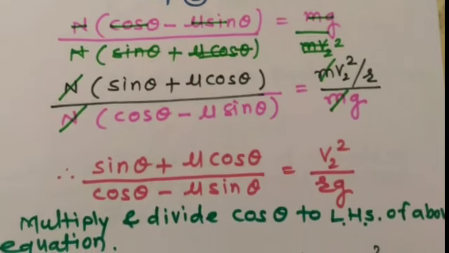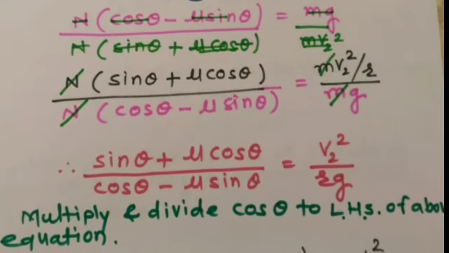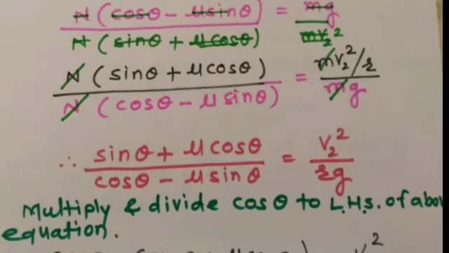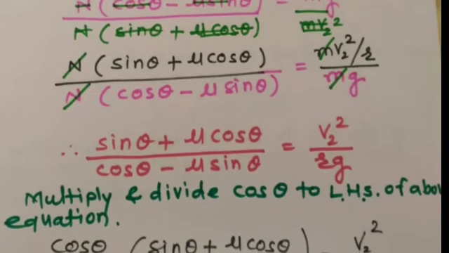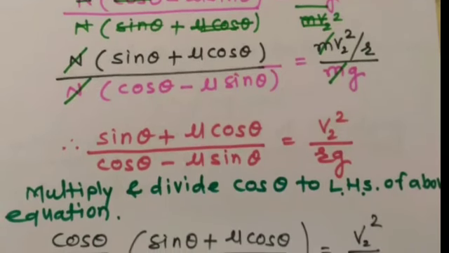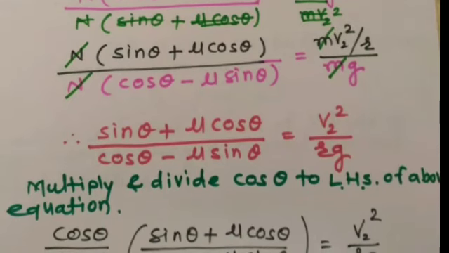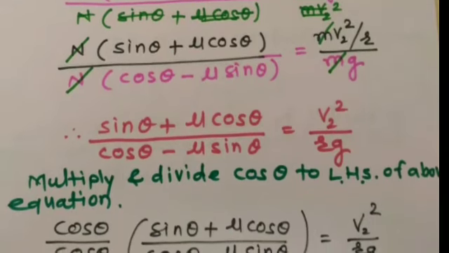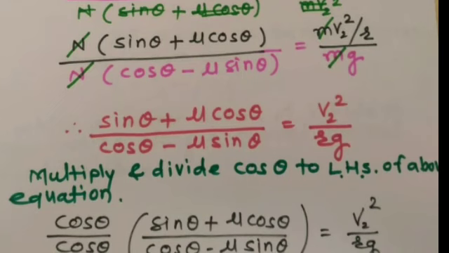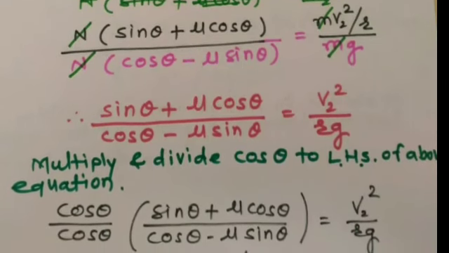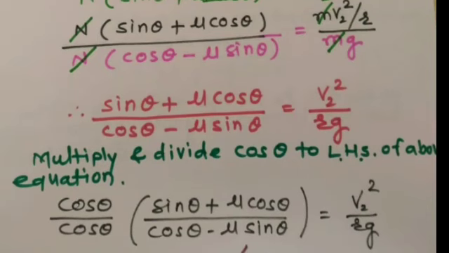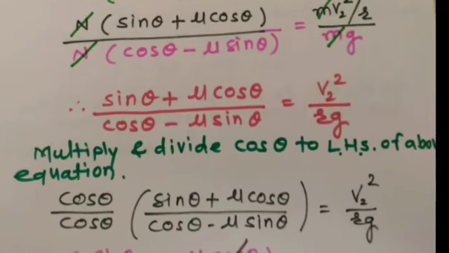So multiply and divide cos theta to the left hand side of the above equation. So cos theta upon cos theta in bracket sin theta plus mu cos theta divided by cos theta minus mu sin theta bracket close is equal to v2 square upon rg.